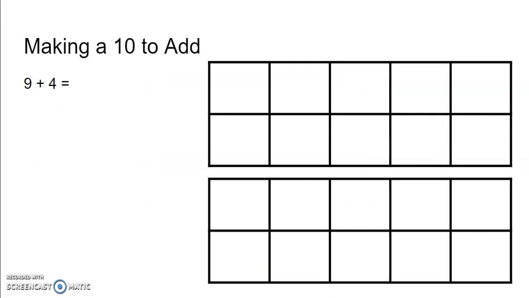So for our first example, we have 9 plus 4. I do have these tens frames to help you understand and see the thinking I'm doing inside of my brain. So 9 plus 4, we're going to put 9 circles in this top 10 frame.